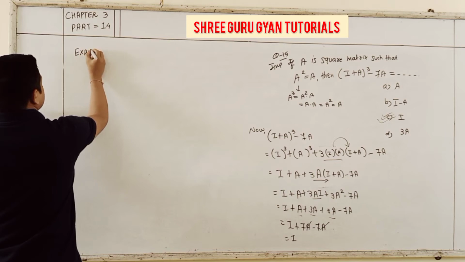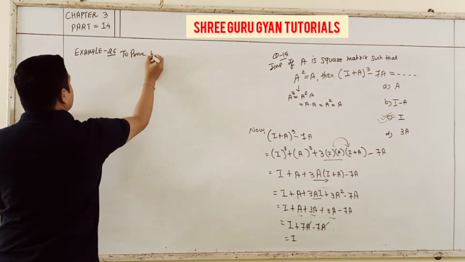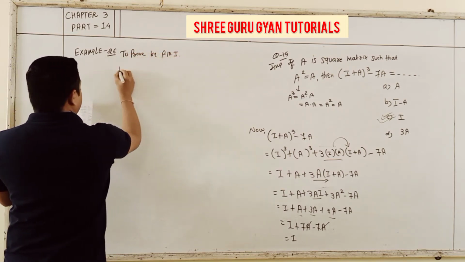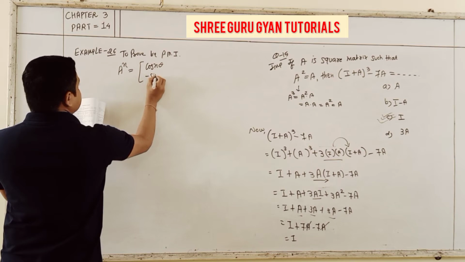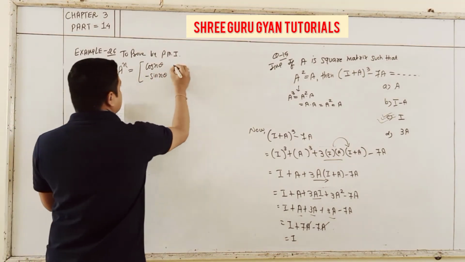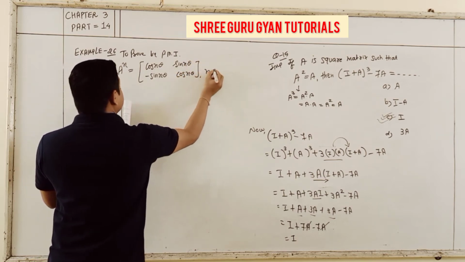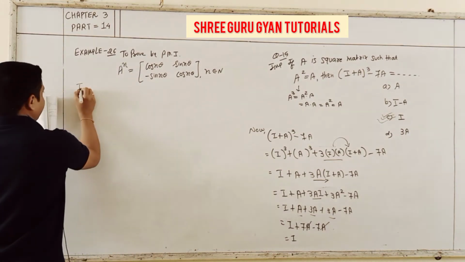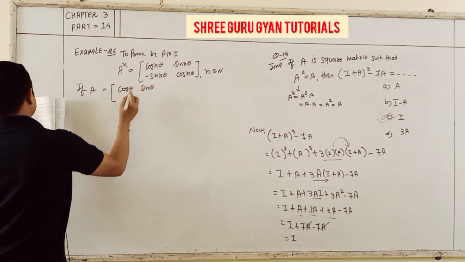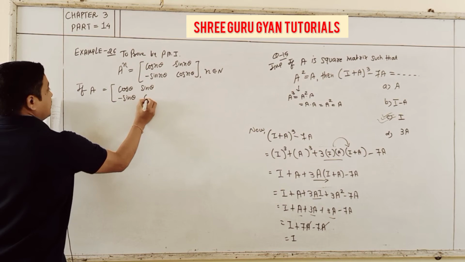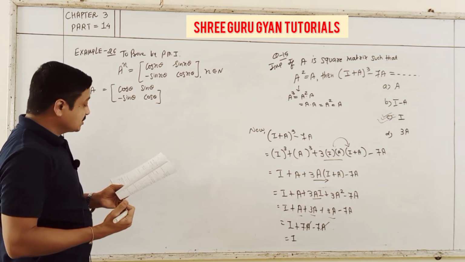Example 26. To prove by PMI, A raised to n is equal to the matrix cos n theta, minus sin n theta, sin n theta, cos n theta, and n belongs to natural, if A is given as cos theta, minus sin theta, sin theta, cos theta.